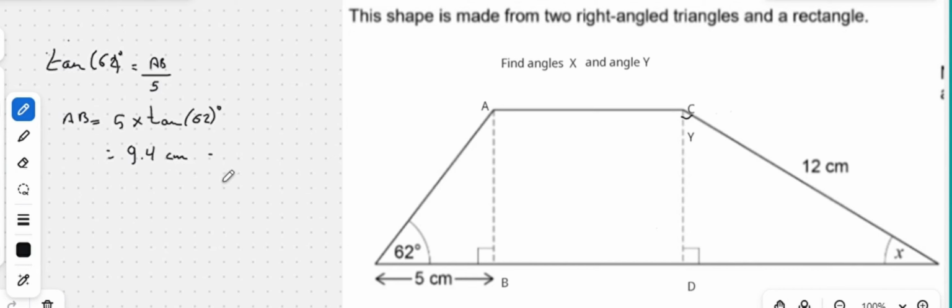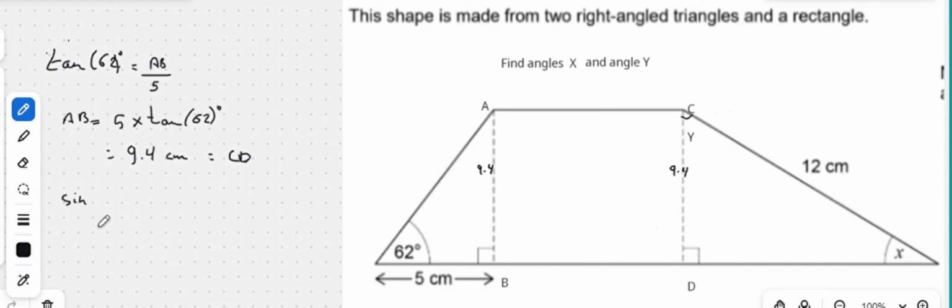And this is equal to CD because this is a rectangle shape. So here we will have 9.4 centimeters and here 9.4 centimeters. Now we can use the sine rule in order to find the angle x.